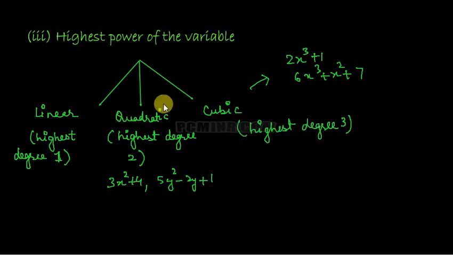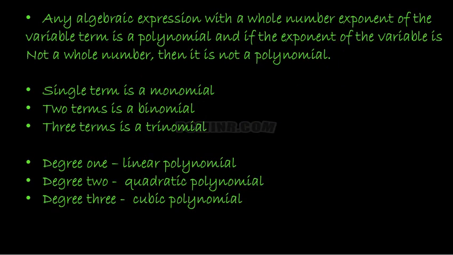So we have three classifications of the polynomials. And in the end, I just want to review once that any algebraic expression with a whole number exponent of the variable term is a polynomial. And if the exponent of the variable is not a whole number, then it is not a polynomial.